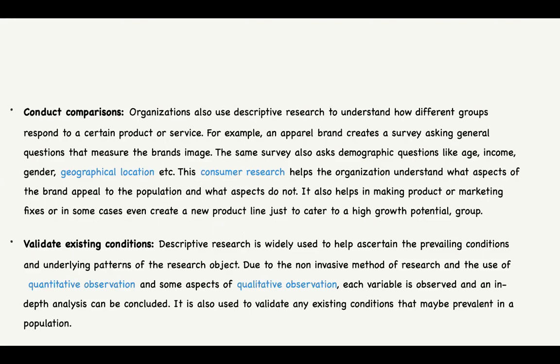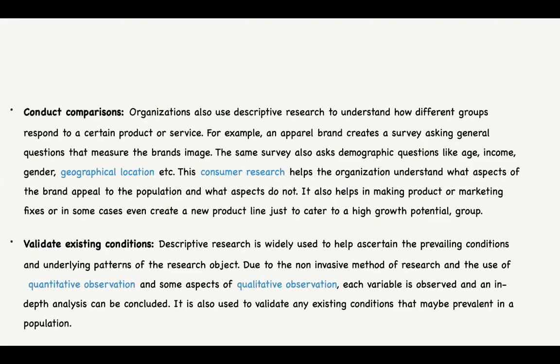For example, an apparel brand creates a survey asking general questions that measure the brand range. The same survey also asks demographic questions like age, income, gender, geographical location, etc. This consumer research helps the organization understand what aspects of the brand appeal to the population and what aspects do not.